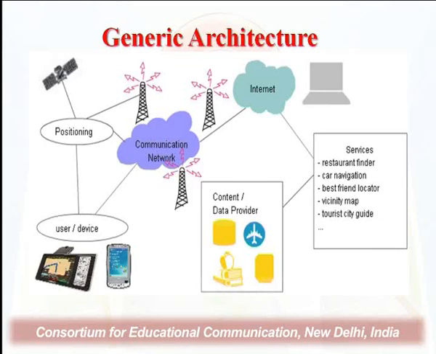This whole communication, taking the positions, the query going to the data providers and the response coming back to the users, is actually happening over the internet or over the communication network. So, 4 components: your communication network, positioning technologies, mobile devices or users, and content and data providers are basically the components which make a generic architecture of any location based service.